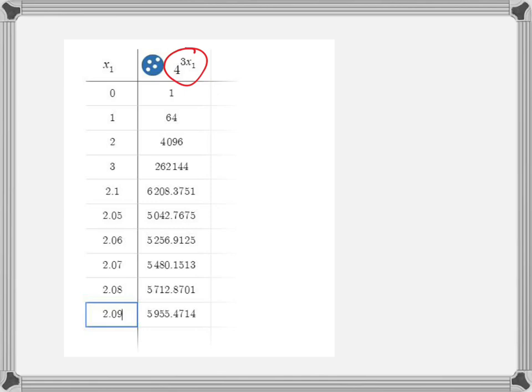And then when I typed in my x values, so I typed in 0, hit enter, it gave me 1. So it would calculate once I typed in the x values. So again, 2.09 led to 5,955.4714.